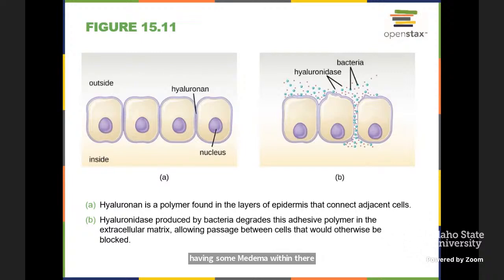Another virulence factor, the enzyme hyaluronidase. Some bacteria harbor this capability.